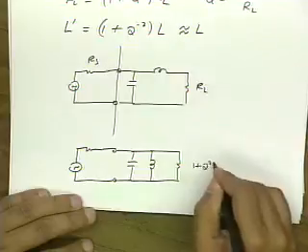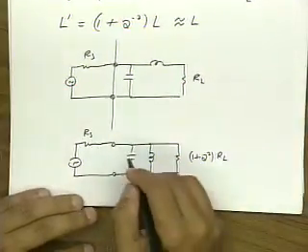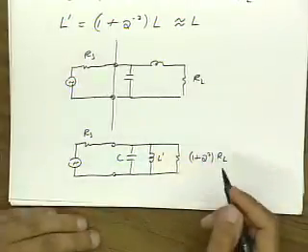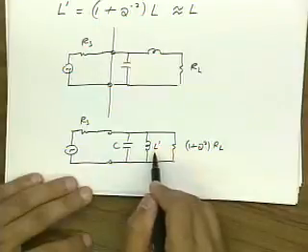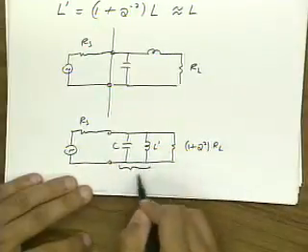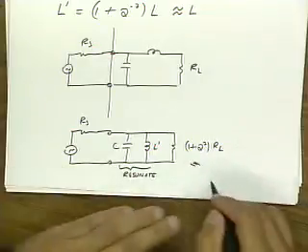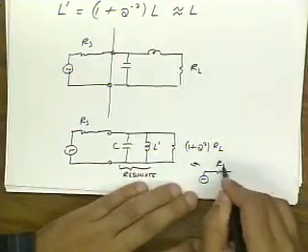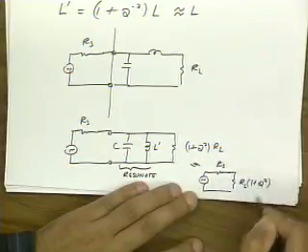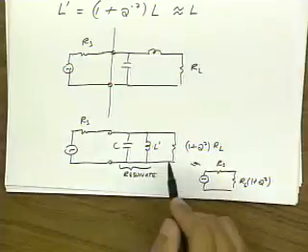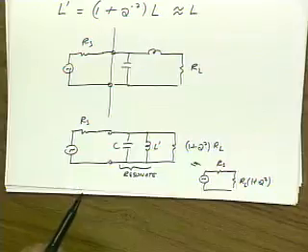This is (1 plus Q squared) RL, this is RS, this is C, this is L prime, and therefore I will pick C to resonate with L, and so then the equivalent circuit breaks down into this simple form. It's just a voltage divider, right? That clear? Any questions?